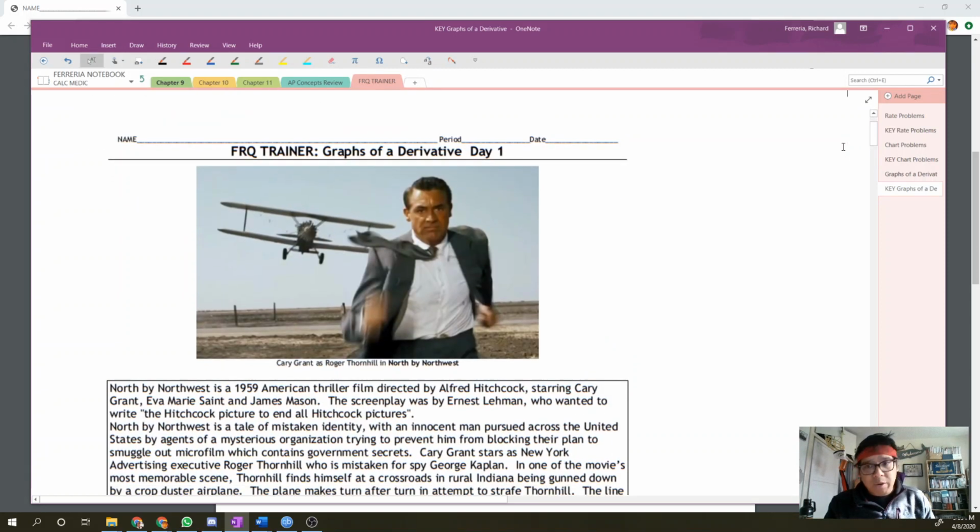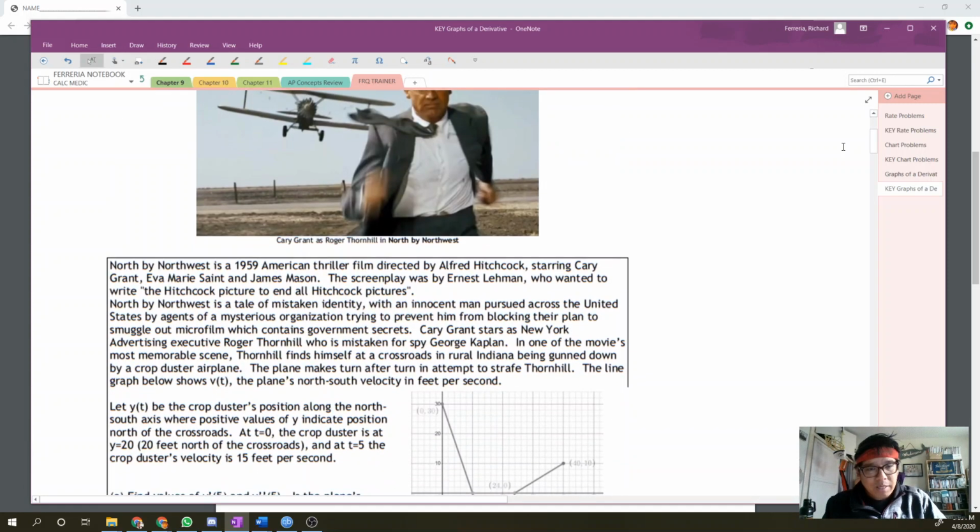Cary Grant, in probably the most indelible part of the movie, is chased by an airplane trying to gun him down somewhere in Indiana. That's important because the character Roger Thornhill is actually from New York, and through a series of circumstances finds himself in Indiana.